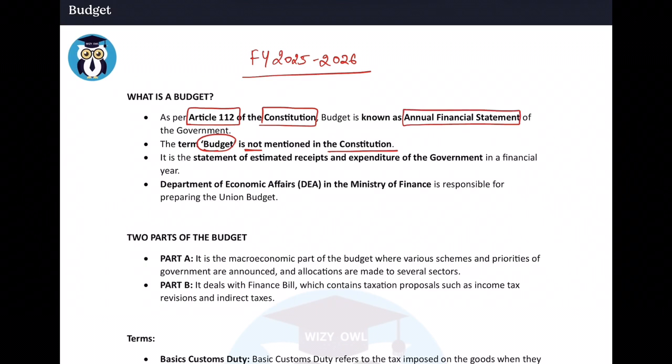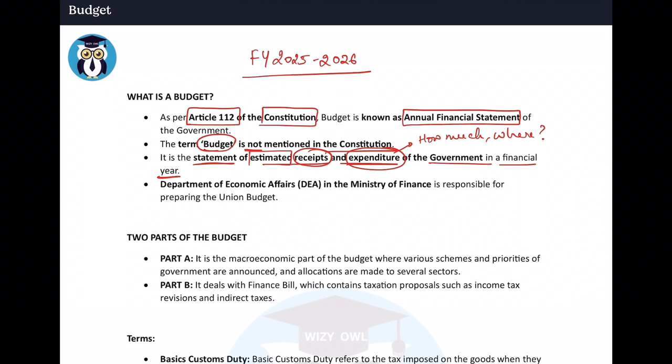So what does the statement consist of? It consists of the estimated receipts and expenditure of the government. Estimated receipts are the statement of where we are getting money from and how much. Similarly, in the estimated expenditure, how much we are going to spend and where in a financial year.